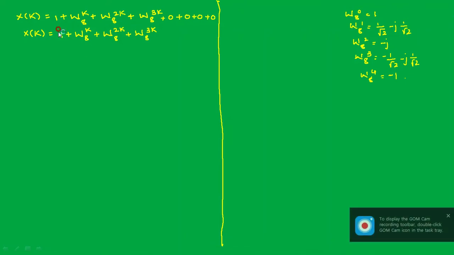So here I continued with the same example. Just by substituting n values in the DFT definition, I will get x of k is equal to 1 plus w8 raised to k, w raised to 2k, w raised to 3k, plus, since the remaining 4 samples of sequence x of n are zeros, 0 into w4k is 0, 0 into w5 is 0, 0 into w6 is 0, and 0 into w7 is 0.